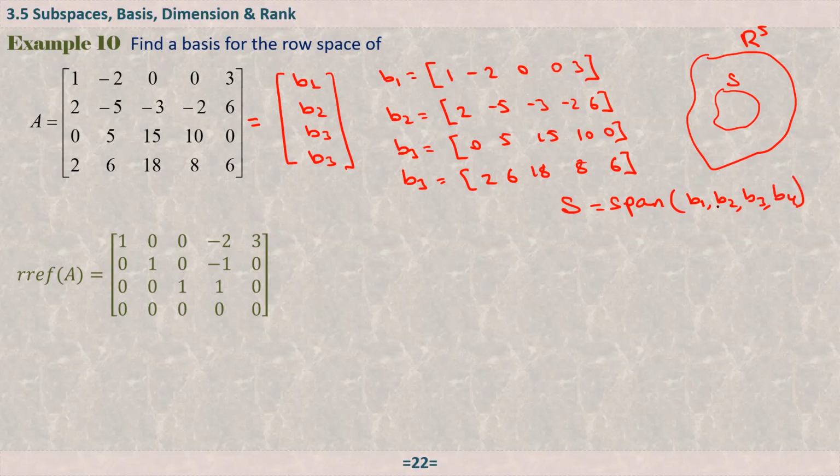Because when you say row space of A, that is spanned by the rows of the matrix A. Now since it spans this S, the first property holds, right? Now we have to show that these vectors are linearly independent.